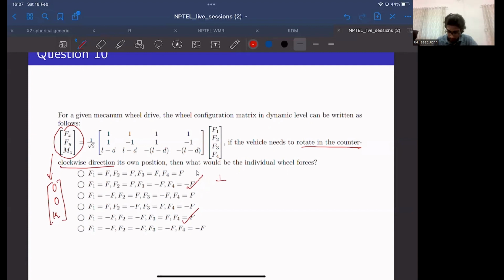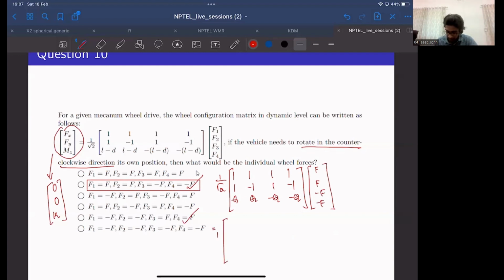So 1 by root 2 times the matrix: 1, 1, 1, 1; 1, minus 1, 1, minus 1; and a constant, maybe q, for L minus d: q, q, minus q, minus q. The option that we are interested in is this one, F minus F minus F.